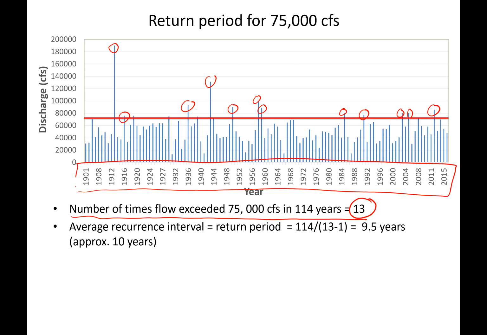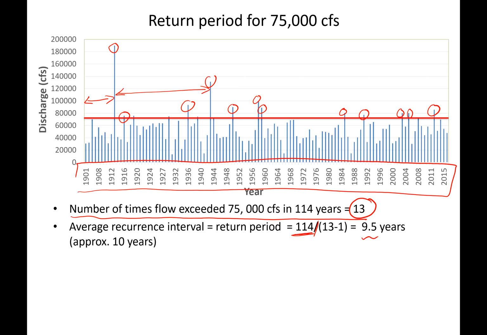What you do then is you try to find the average recurrence interval, the interval at which the flow was exceeded. So you get the total number of years of data, and then you divide it by the number of intervals. The number of exceedances was 13, so the number of intervals will be the number of exceedances minus 1.